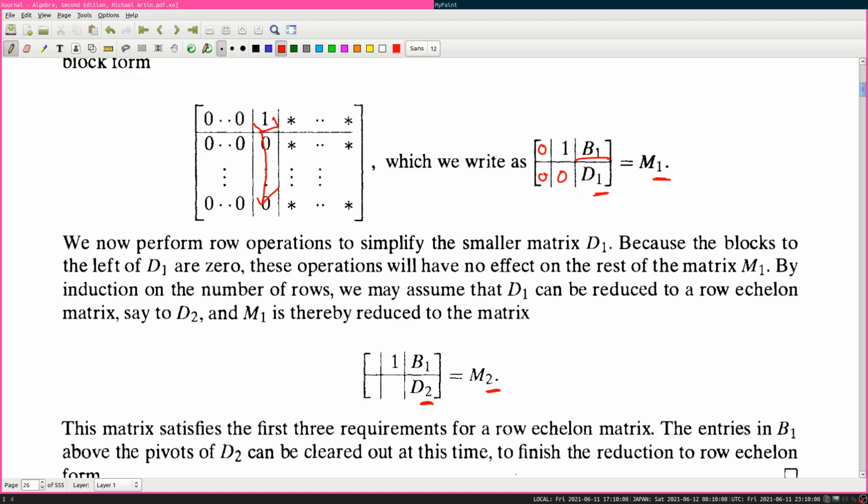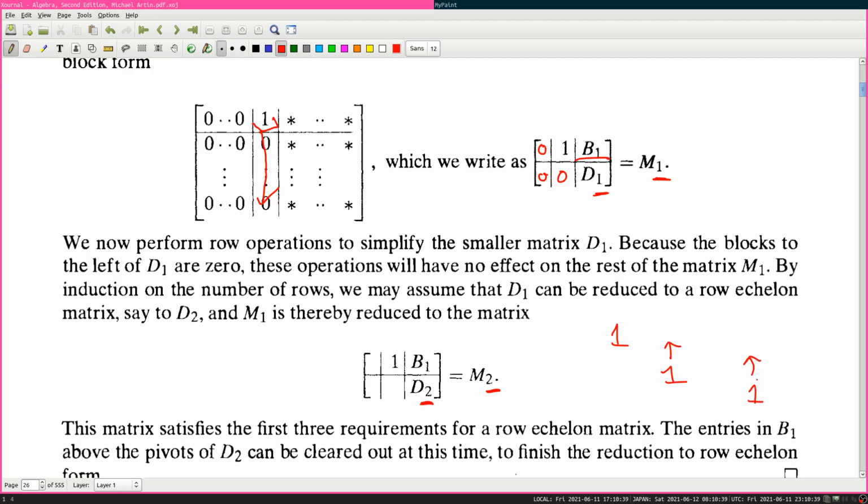This matrix satisfies the first 3 requirements for a row echelon matrix. The entries in B1 above the pivots of D2 can be cleared out at this time. So we do downward elimination, and we have something that's kind of an upper triangular-ish matrix. Now we have all these ones, not quite on the diagonal, and there might be stuff that isn't 0 above them.